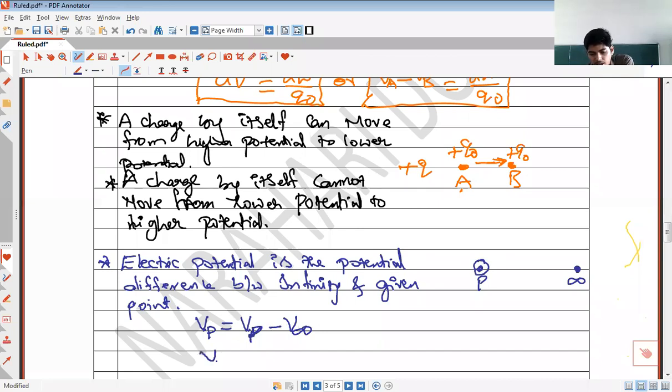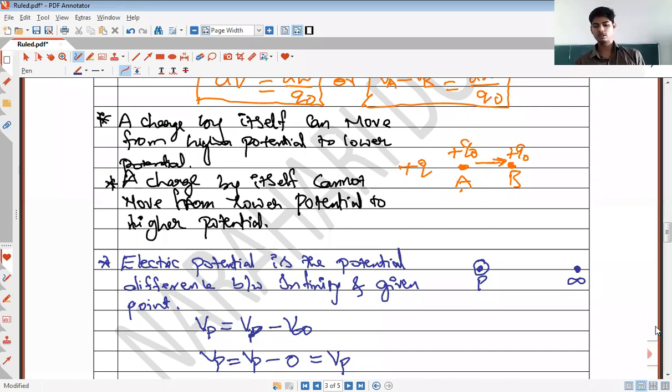As you start moving away from the source charge, potential goes on decreasing. What is the potential at infinity? Potential at infinity is 0. So Vp minus 0 will be Vp.